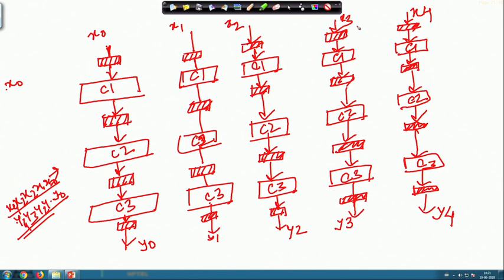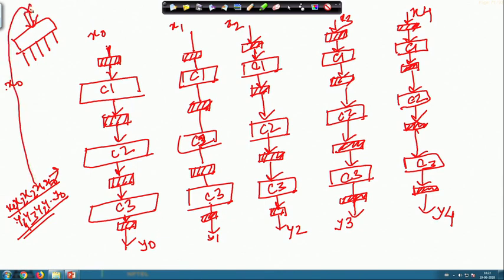So, what circuit is a serial to parallel converter? A serial to parallel converter is nothing but the demultiplexer, which takes one input and produces several outputs. So the serial input is this one.